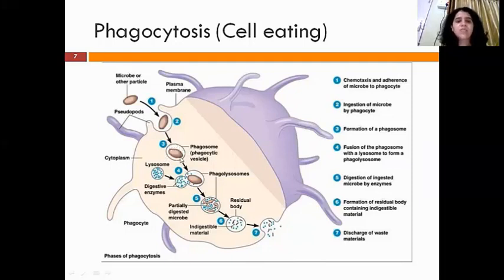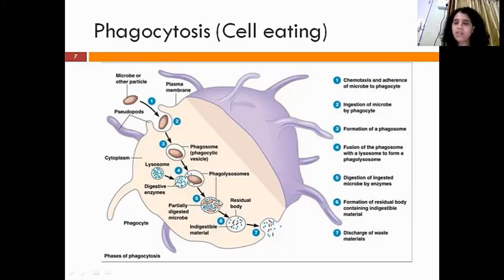Now this phagosome combines with a lysosome. A lysosome is like a ball, or a vacuole, containing all kinds of lytic enzymes. When the lysosome combines with the phagosome, it is known as a phagolysosome, and it will cause the breakdown of that particular bacteria due to the presence of the lytic enzymes, leaving partially digested microbes.